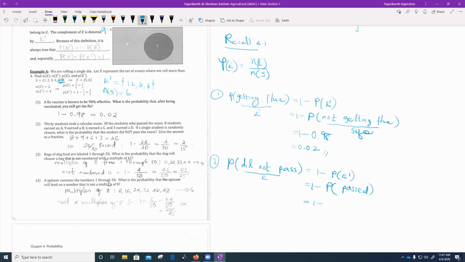If you add these all, you will get the total number of passed students getting A grade, B grade, C and D, that is 26. Therefore, the probability that the student passed is 26 over 30, because there are 30 students. If you subtract, you will get that probability, which is 4 over 30. If you simplify, that is 2 over 15. Okay.